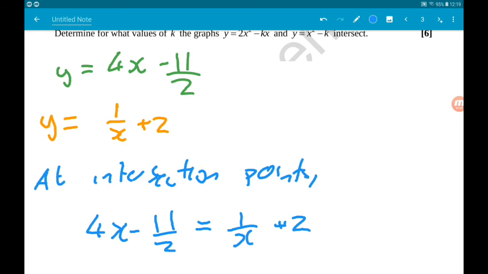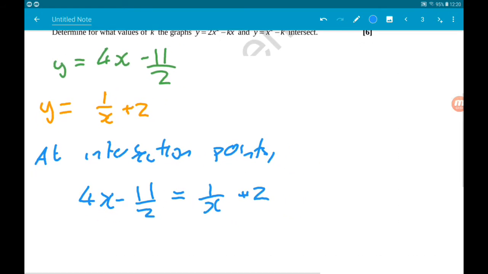So we now need to solve these equations simultaneously to find the value of x. If we multiply through by x first of all, we are going to get 4x squared minus 11x over 2 is equal to 1.